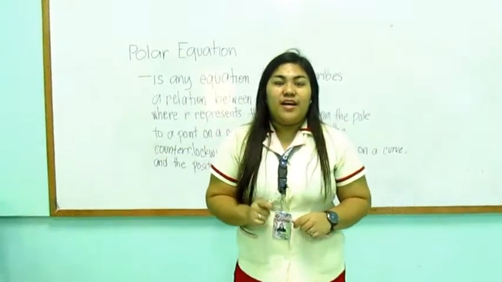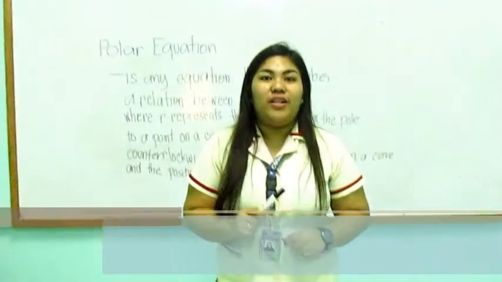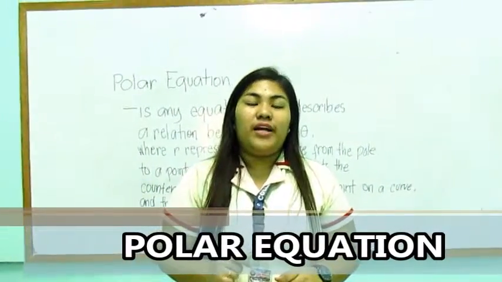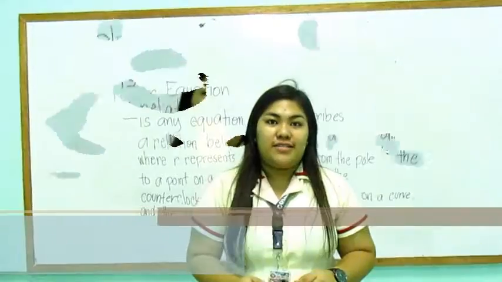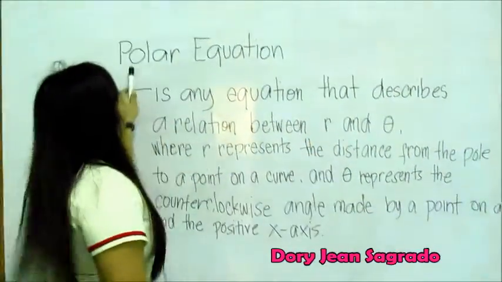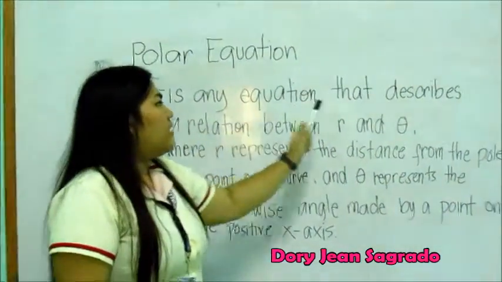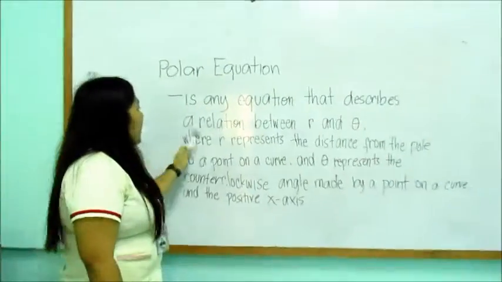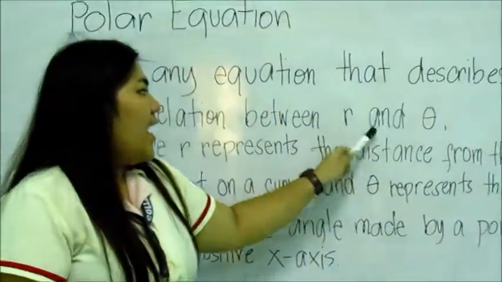Good day, everyone. Today we are going to talk about polar equations, graphing polar equations, and coordinates. So, a polar equation is any equation that describes a relation between r and theta.